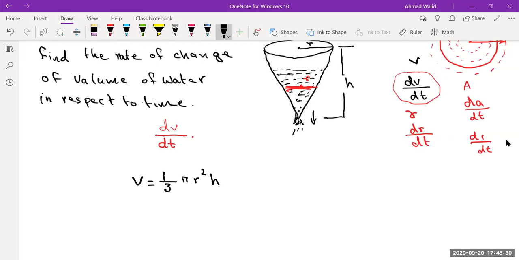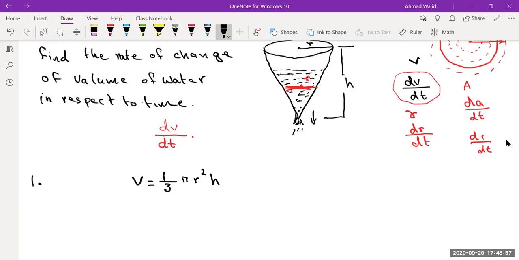Now, in step 2, after you find your formula, you start taking the derivative of both sides with respect to time. That's important. You are taking the derivative of your formula with respect to time, because volume is a function of time.